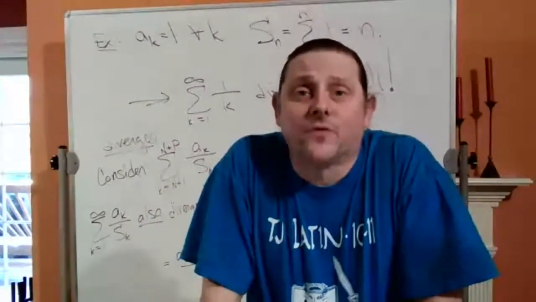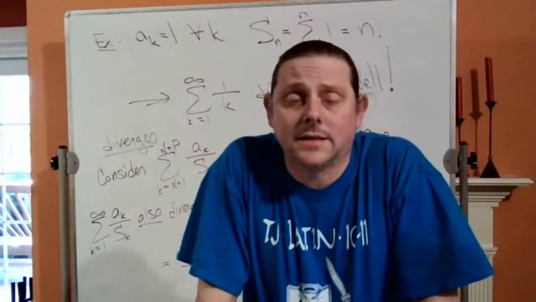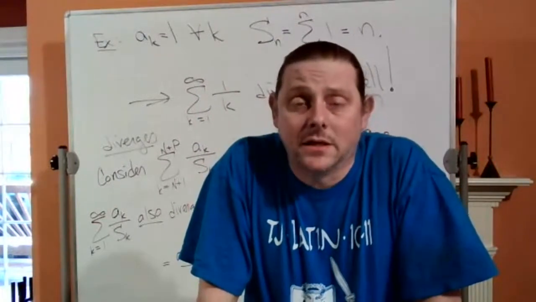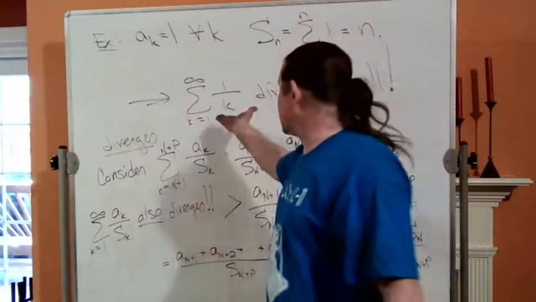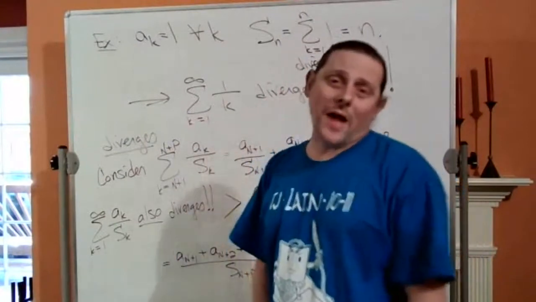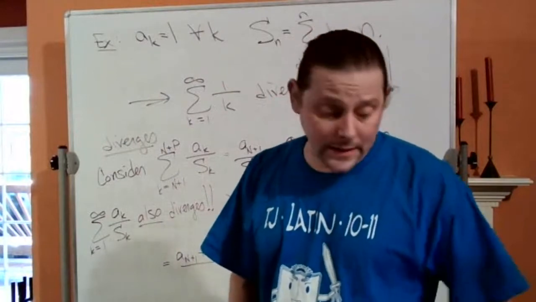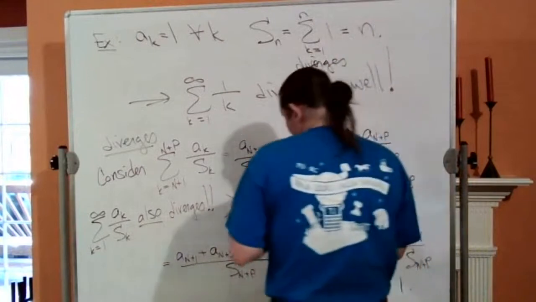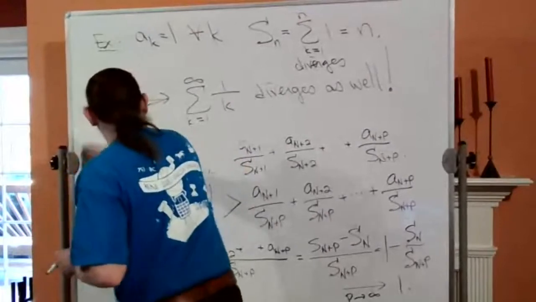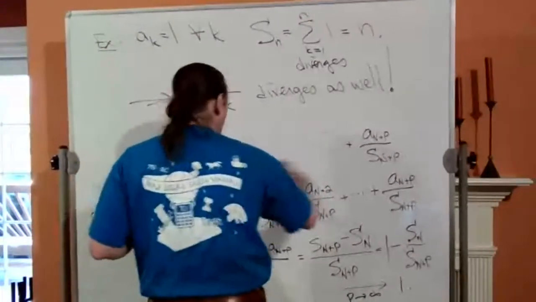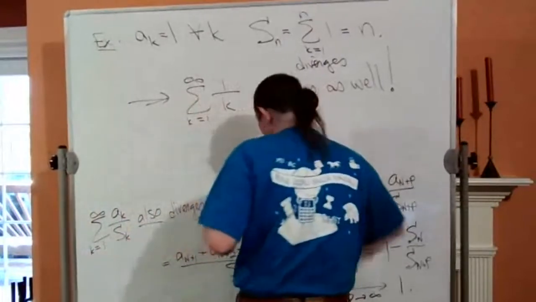All right, so the simple divergence of 1 plus 1 plus 1 plus 1 plus 1 plus dot, dot, dot is, from this perspective, enough for us to conclude that the harmonic series also diverges, even though that one's not as obvious. All right, we'll find later on that the harmonic series behaves like the natural logarithm.